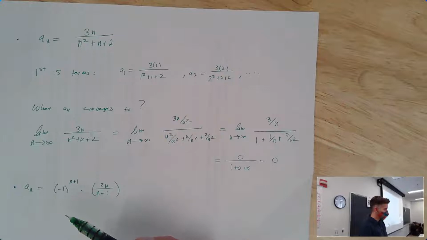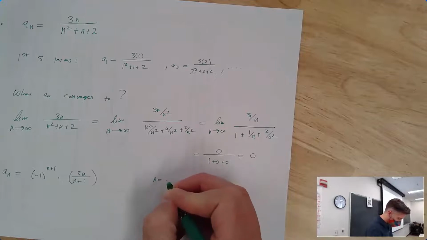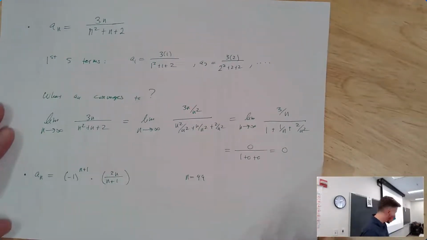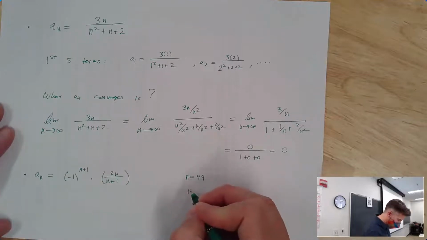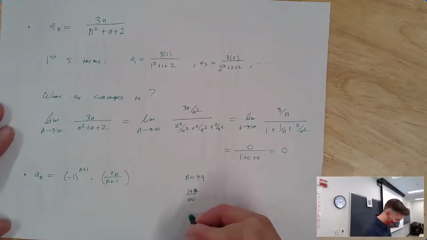So what does that mean as far as convergence? Yeah, we're oscillating. For example, if n were 99, I'd be getting -1 to the 100, so positive, and then I'd be getting 198 over 100, so essentially positive 2.